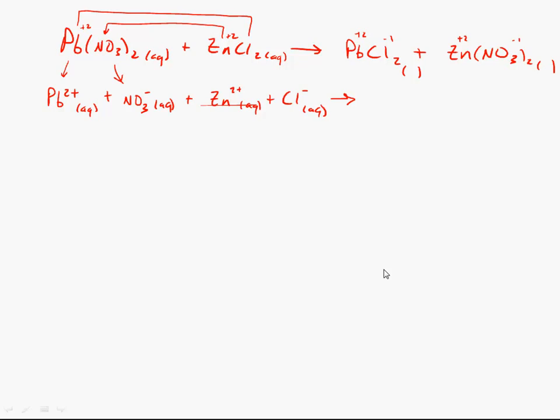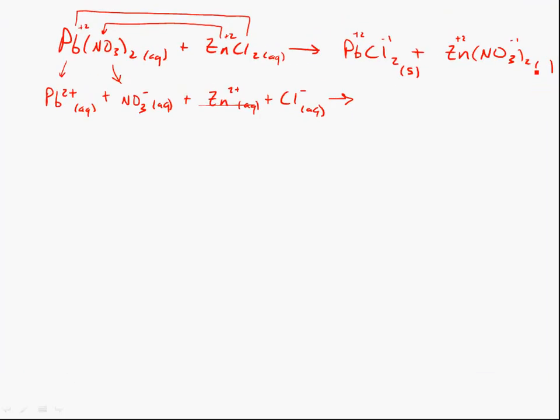Certain salts containing certain ions are soluble, certain are insoluble. I'm just going to tell you right now that that white solid that you're seeing is lead chloride. So put a little S here. And then the zinc nitrate is aqueous.